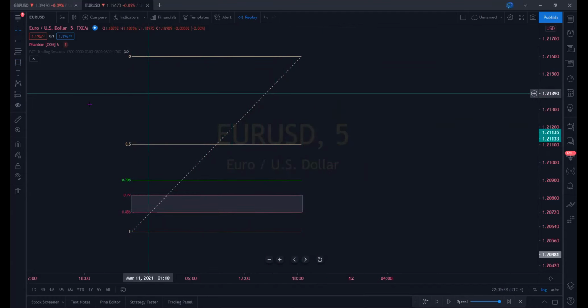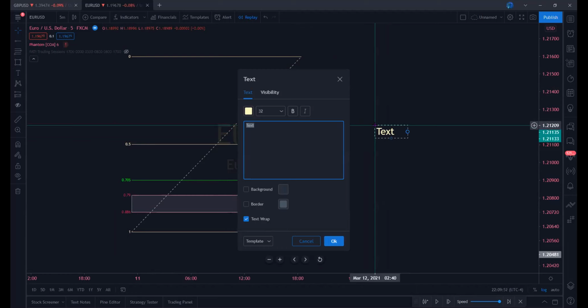Let's say my risk is a 1.0 lot. At the 79, I can enter 0.50. At the 88.6, I enter another 0.50.